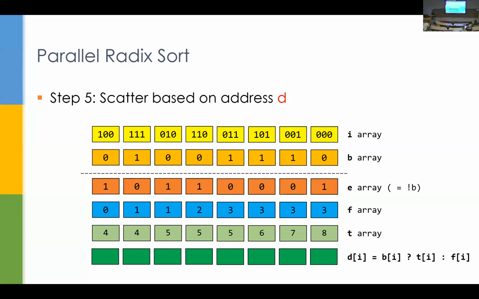Okay, so D array is the final output index array, which is if B is true, use the true array, or if it's false, use the false array. Basically combining F and T and F. So you get 0, you get 4, 1, and so on. So you see how all of these are unique now. There's no duplicates.